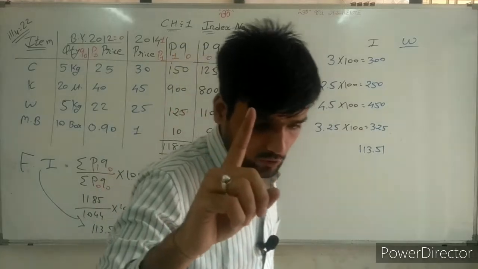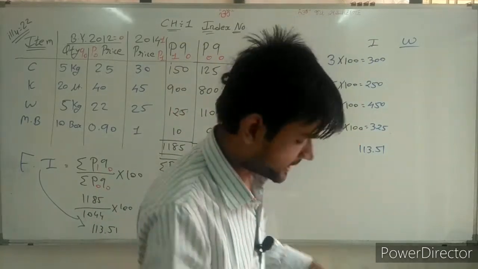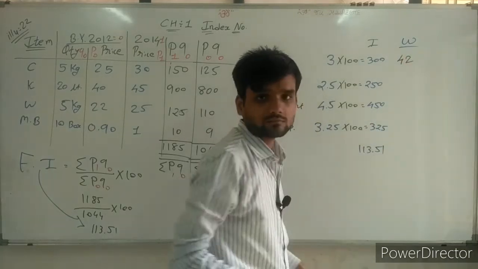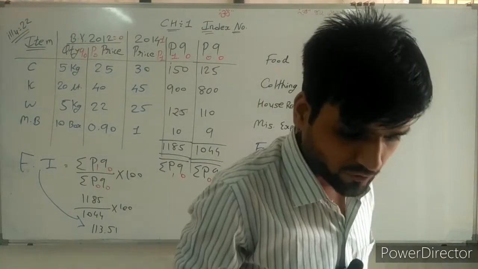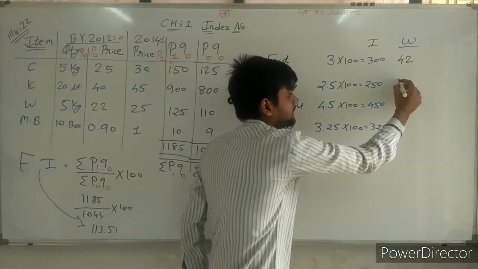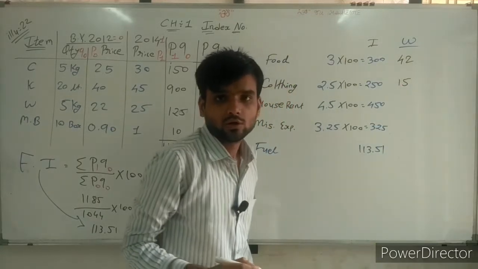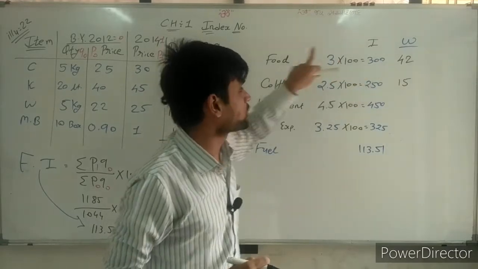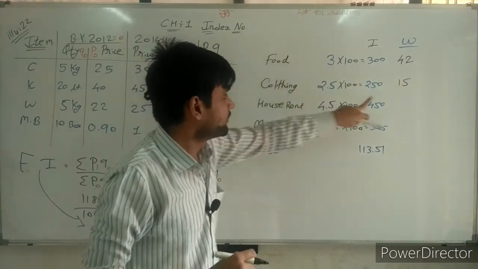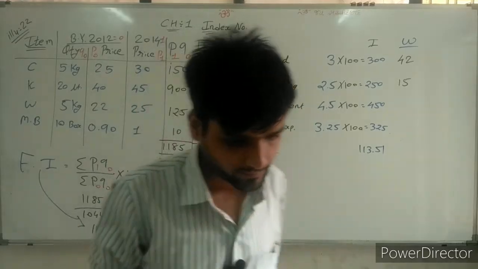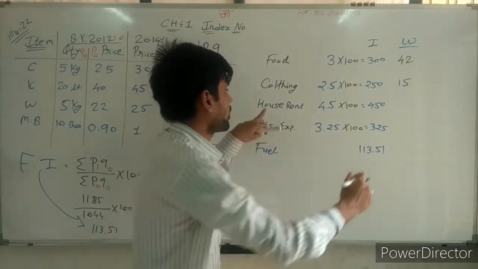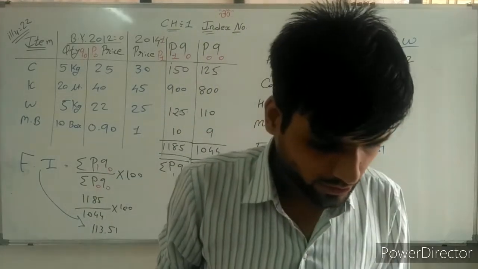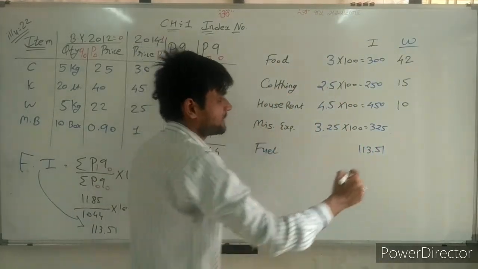So for the first group, 42% expenditure is given. Next, 15%. So from total expenditure, they are spending 42% on food, 15% on clothing, 10% on house rent, 12% on miscellaneous expenditure.